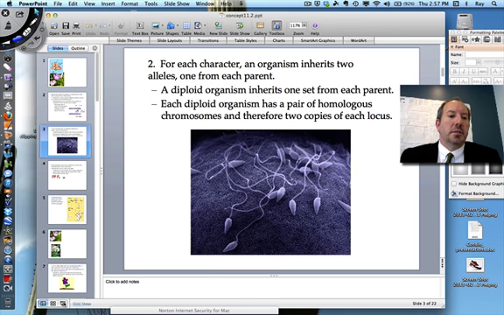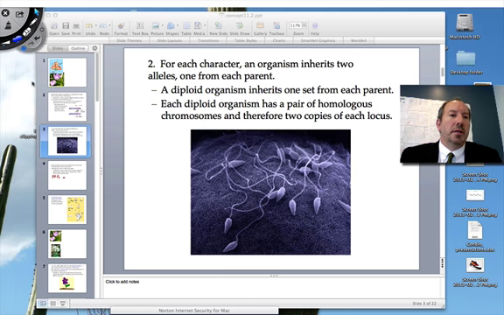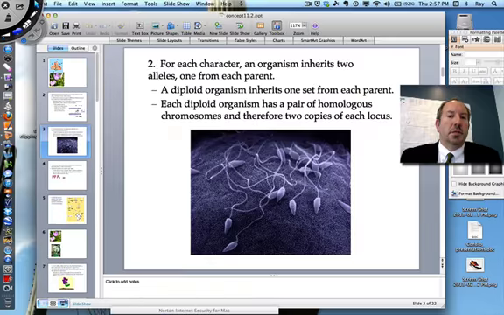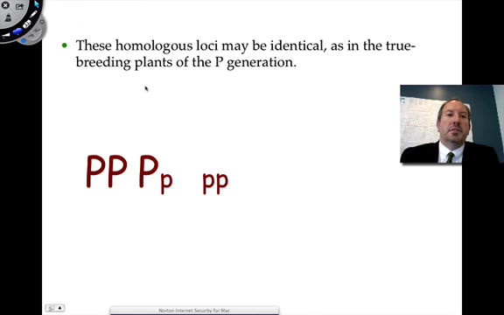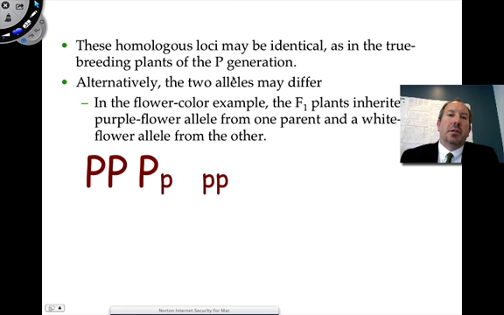And so what's further fascinating is that when you consider the possibilities, at each location in the pea plant, the true breeding purple pea plant had PP, in other words, purple, purple, and the white one had little p for the white. And so the hybrid purple one was big P, little p.